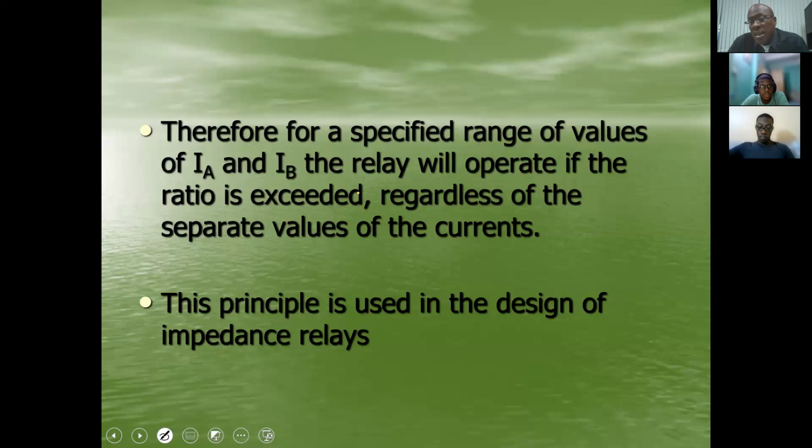So even in the event that you have voltage collapse, you would still have an increase in current. So if the voltage is dropping and the current is increasing, it just means that the relay is going to operate faster because the resistance would have also fallen using the V over R relationship.